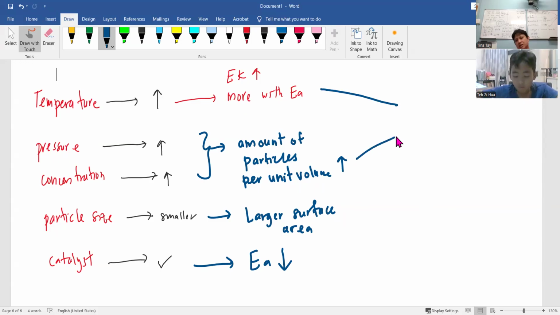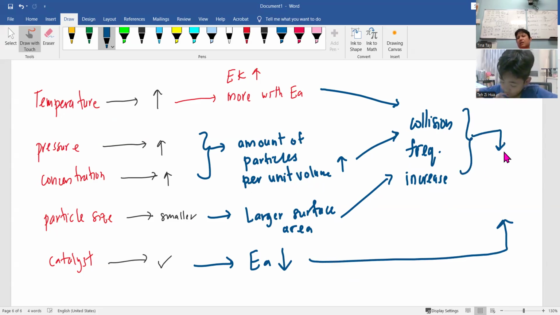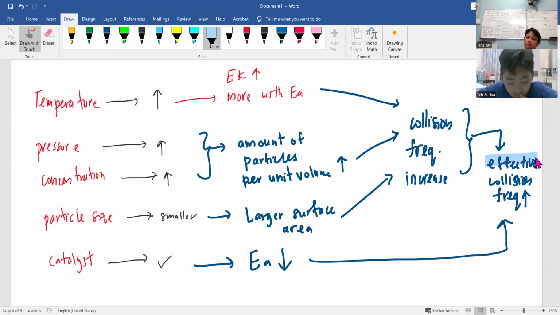This and this all cause collision frequency to increase. But this one directly makes the effective collision frequency increase. Do you understand? So if this increases, rate increases. Can you please draw this?